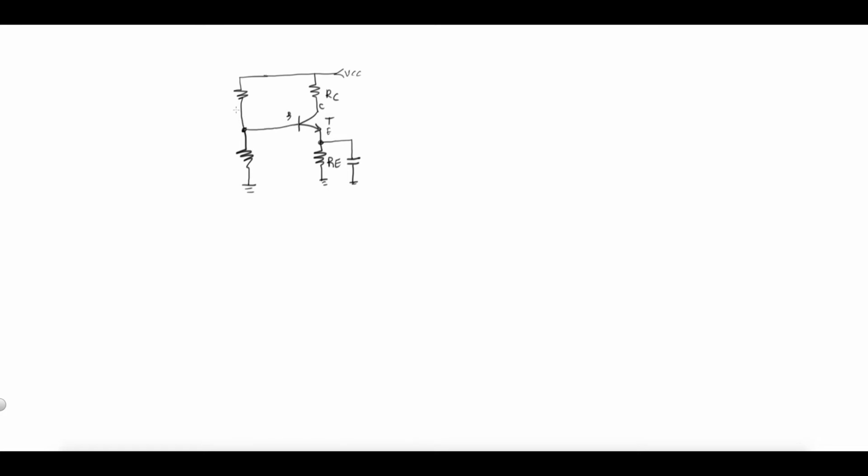Okay, and that would be R1, R2, and then a coupling capacitor for the AC input, right? So here it is. And then a coupling capacitor to connect to the load for the circuit. And let's call this one RL.